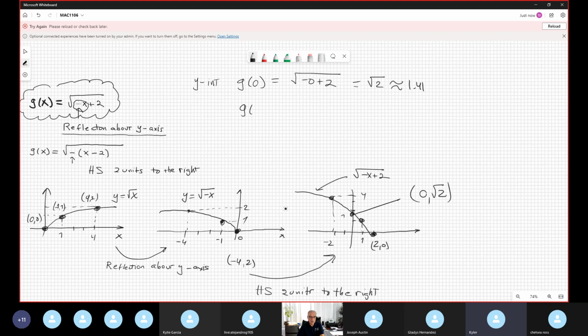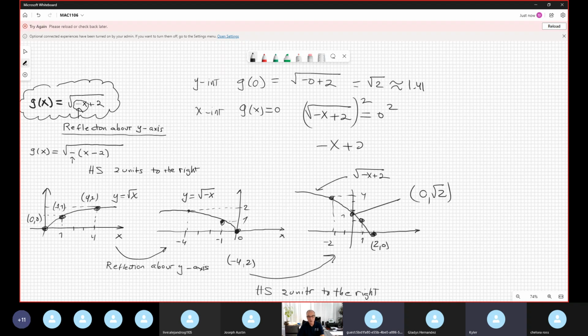And to find the x-intercept, you take the original function and force it to be 0. So radical of minus x plus 2 equals 0. In front of a radical equation, square both sides in order to eliminate the radical.